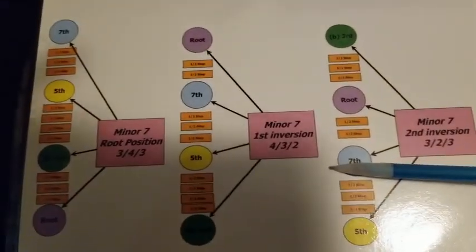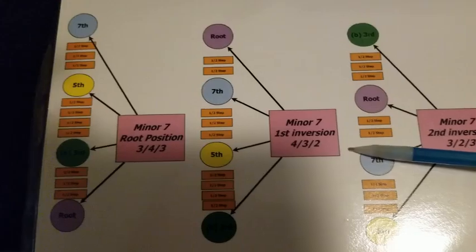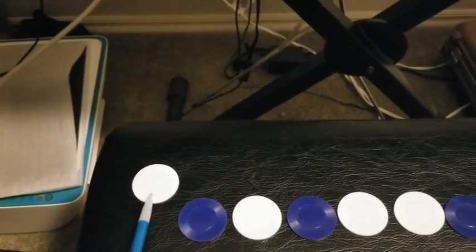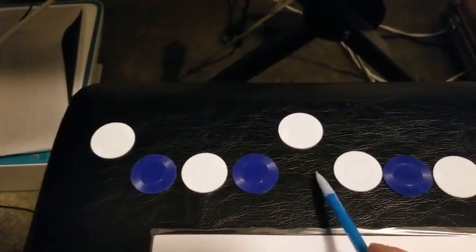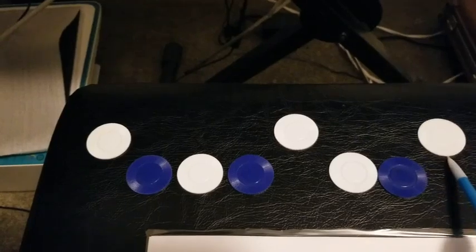So if we start here on C and we do a minor 7 in first inversion, we're going to have 4 half steps. This would be the 3rd of the chord here. So we're going to count 1, 2, 3, 4 to the 5th. So E would be our 5th. Then 1, 2, 3 for our 7th.